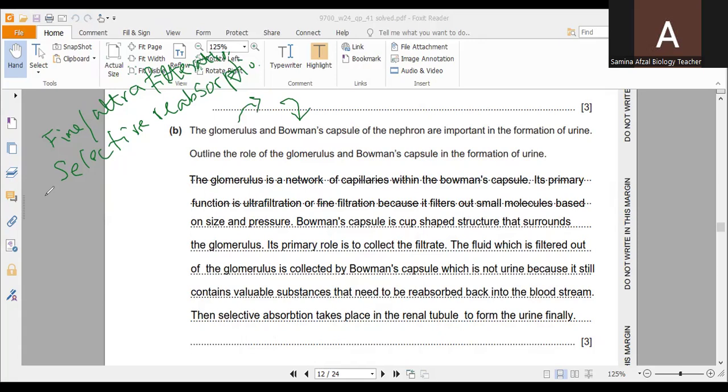So the glomerulus helps in the ultrafiltration, and the filtrate is collected into the Bowman's capsule. Why is it collected in the Bowman's capsule? Then it passes through a process.